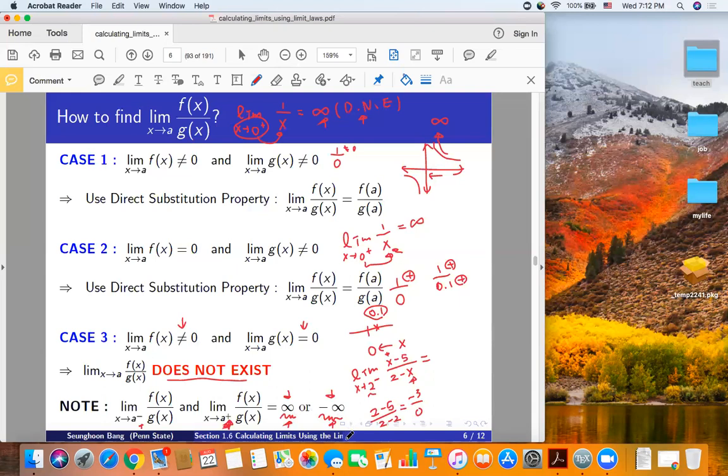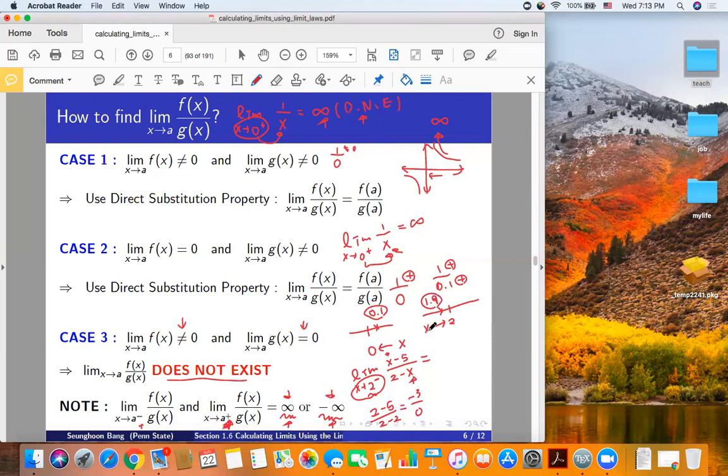You can check the sign in the top and the sign in the bottom. You can use a one-sided limit. X approaches 2 from the left. I want to choose a test number close to 2 but less than 2. I can choose 1.9.